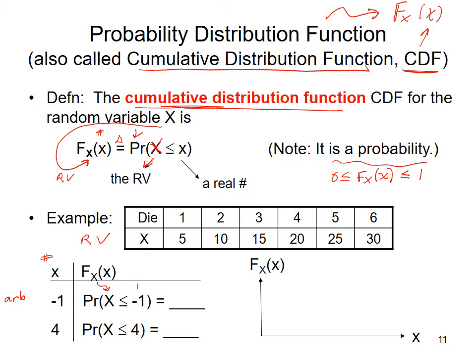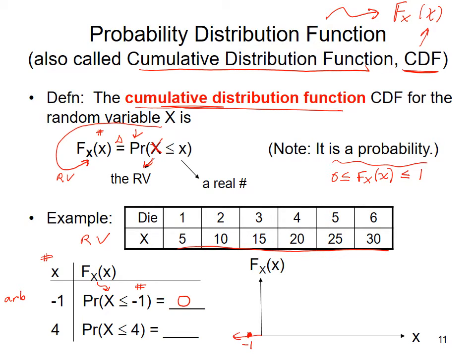So I look up here at all the possible x values and notice that none of them are less than or equal to -1. So the probability of x being less than or equal to -1 then is 0. Okay, so that means when I'm here at -1 on the x-axis, the answer is 0.